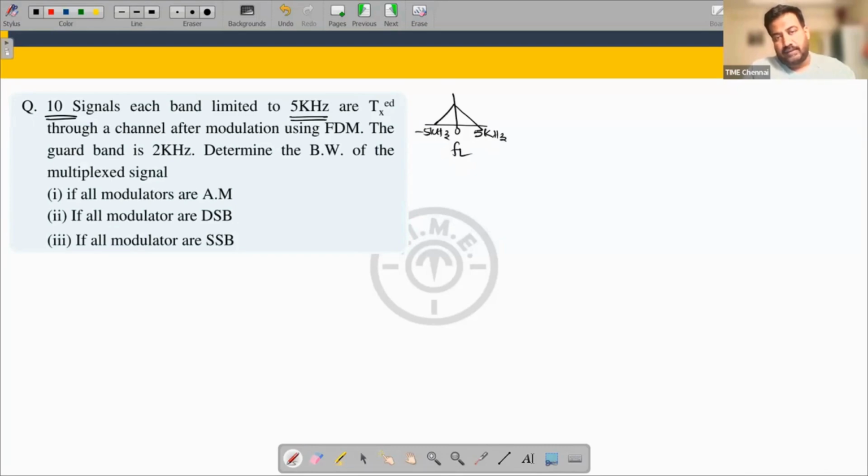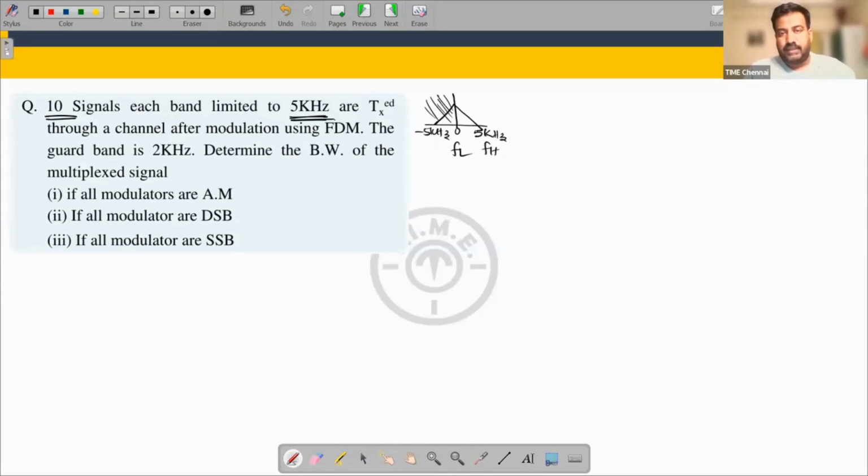This is FL, this is FH. Because in bandwidth calculation, you will not consider negative frequencies. So when he's saying 10 signals, each band limited to 5 kilohertz, it means bandwidth is 5 kilohertz.